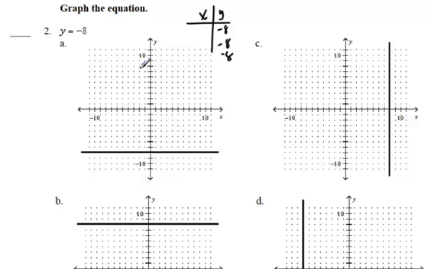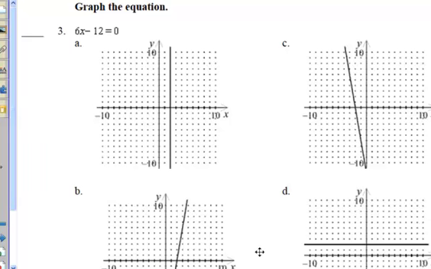So that would be up here, no, and right there. Okay? So in this case, it's this one. Every single coordinate is down 8: 1, negative 8, 2, negative 8, 3, negative 8, negative 5, negative 8. So all of them are negative 8. So that would be your answer.